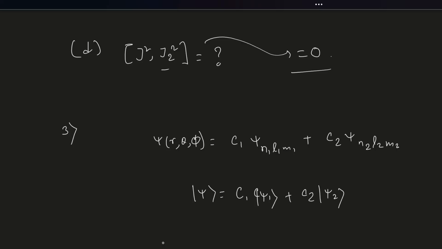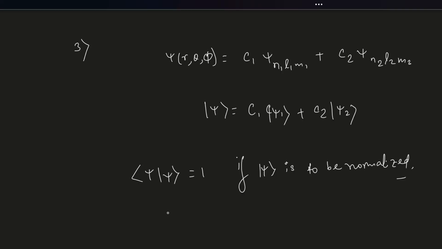Now for this to be normalized, psi bra psi ket is equal to 1 if psi is to be normalized, and the information is already given that psi 1 and psi 2 are each normalized and they are orthogonal to each other.